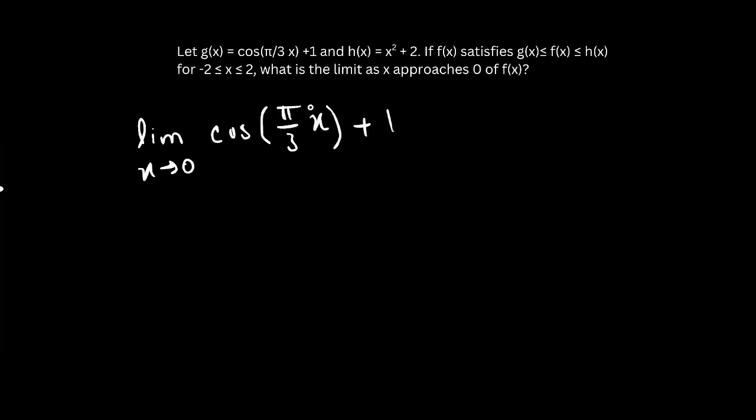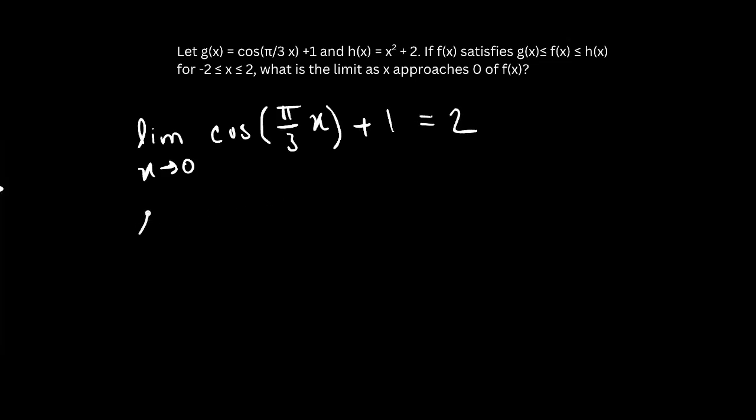Again, we can employ direct substitution, and we can see that if we plug in 0 to our cosine function, we're going to get pi over 3 times 0, which is 0. Cosine of 0 is 1, and so 1 plus 1 is going to be equal to 2. So that is going to be the answer to our limit. Over here, we can just use direct substitution.